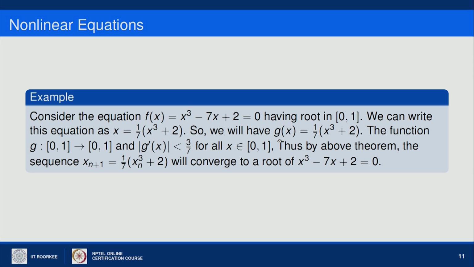So we will have g of x equals 1 upon 7 times x cube plus 2, and you can see the function g maps 0 to 1 into 0 to 1. So domain equals range. It means that whatever domain we have for x, the same domain holds for g of x.